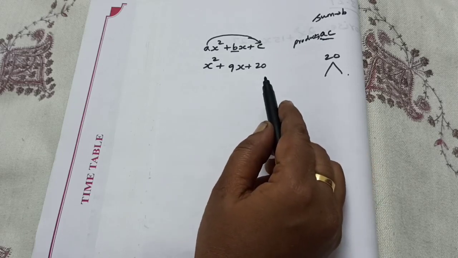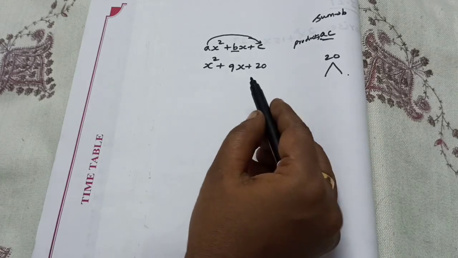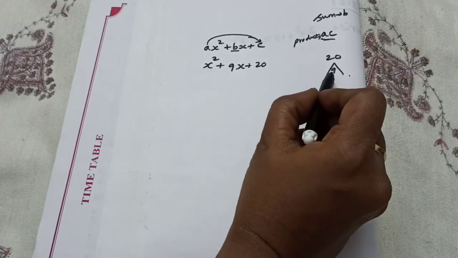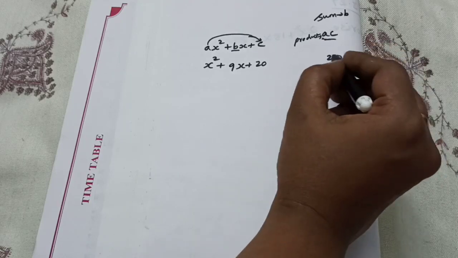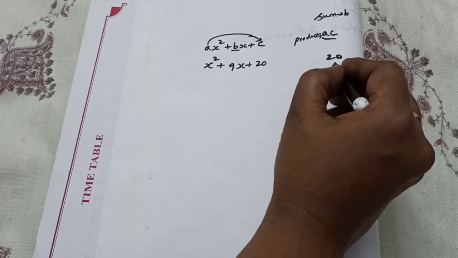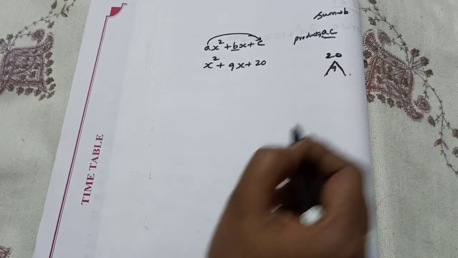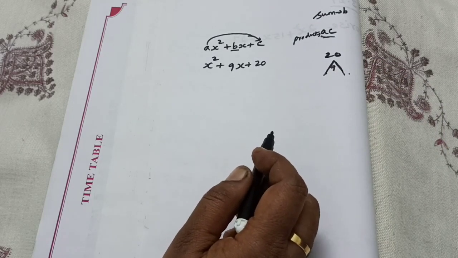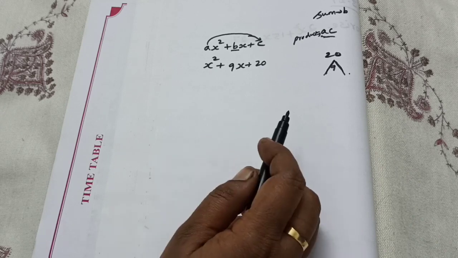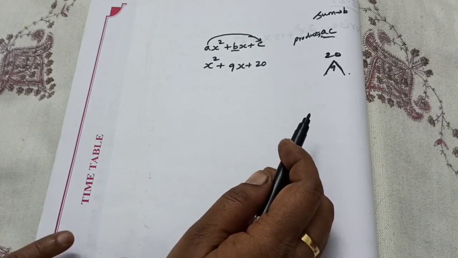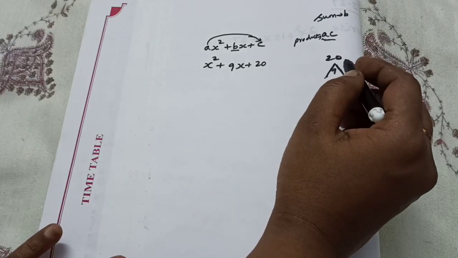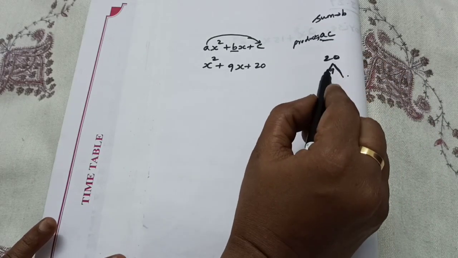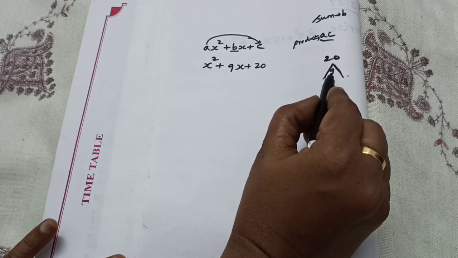Then in that case, the sum we need is what? 9, isn't it? Sum is 9 we need. Which are the two numbers that multiply to give 20? 1 into 20, but 1 and 20 if we add, we won't get 9.